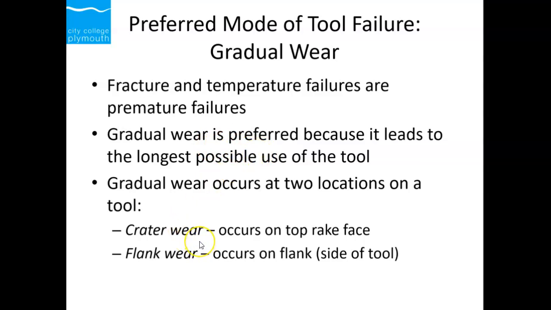Now, gradual wear occurs at two locations on the tool. Crater wear occurs on the top rake face and flank wear on the side of the tool. So there are two types of gradual wear and tear.